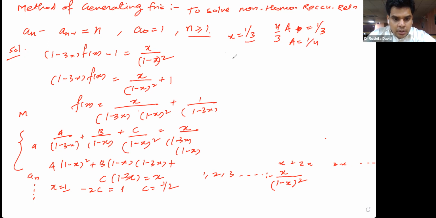Now after this, we can take x equal to 0. If I'm taking x equal to 0, I get a plus b plus c equal to 0. So we know a and c now, so we can easily get b.